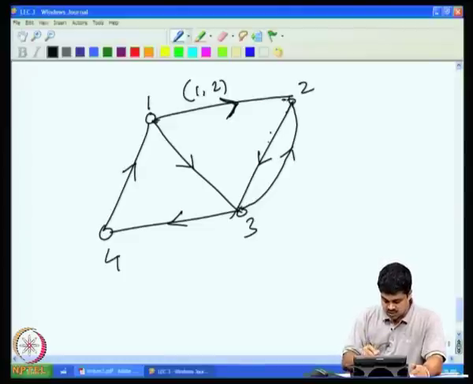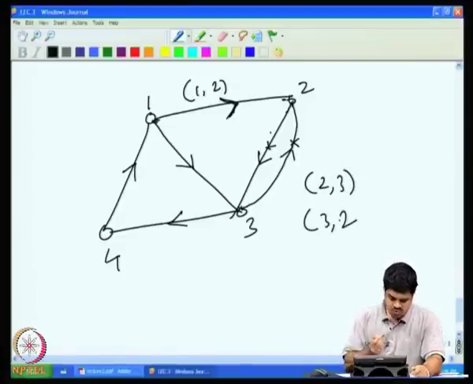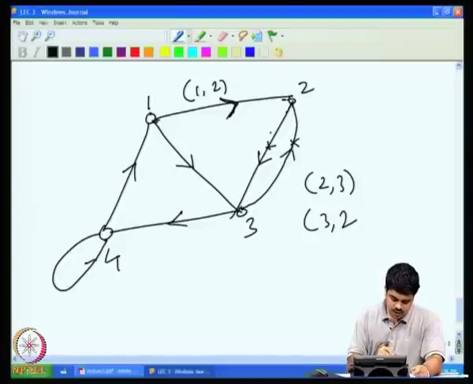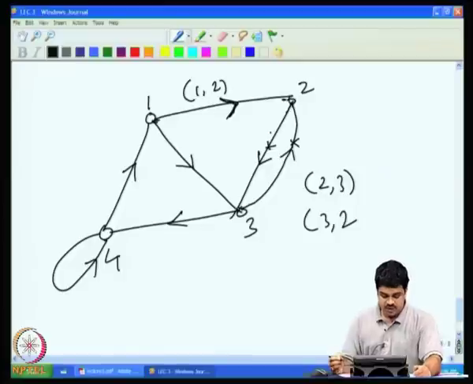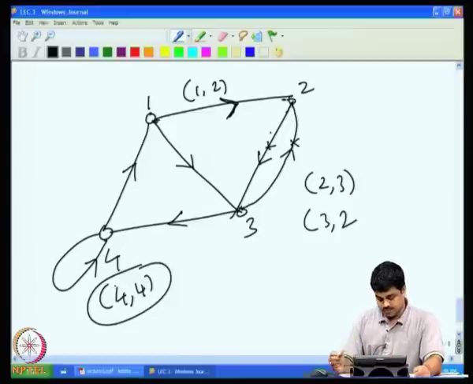That means this edge is really different from this edge, because the two endpoints are different, 2, 3 and the other is 3, 2. If there is a self loop, there is only one direction, 4 to 4, it will correspond to the pair 4 to 4. So, that is also possible.